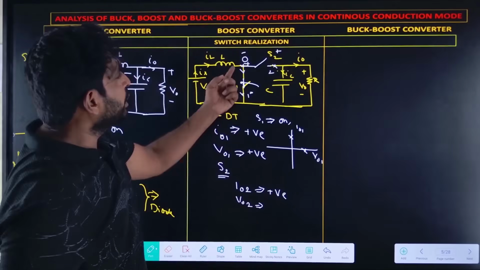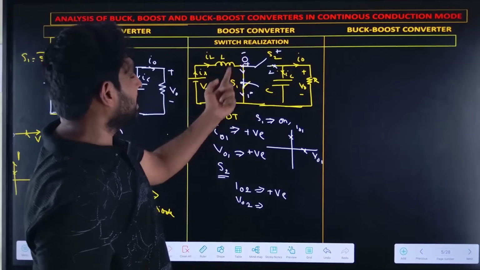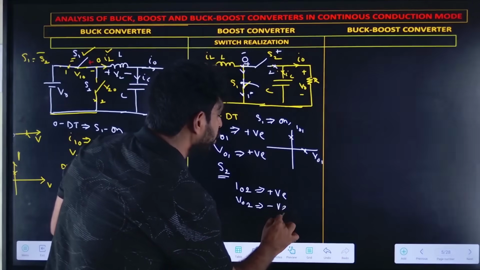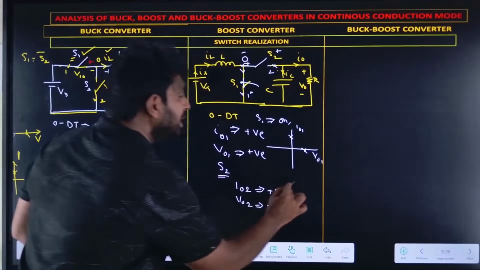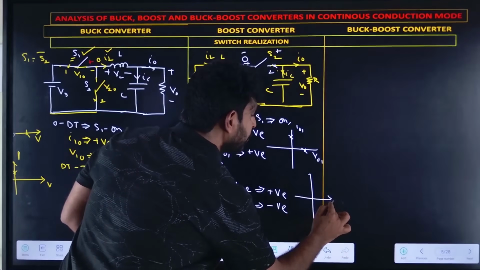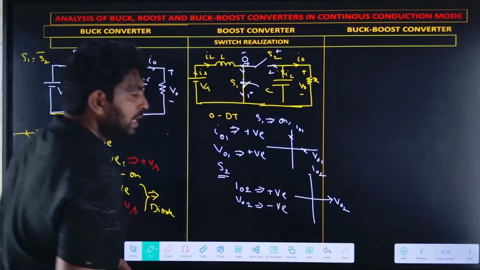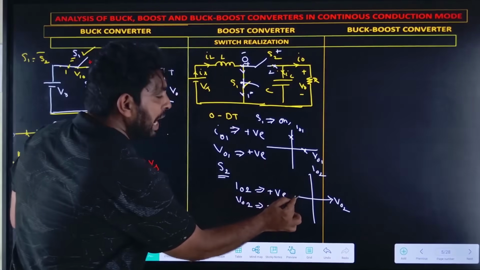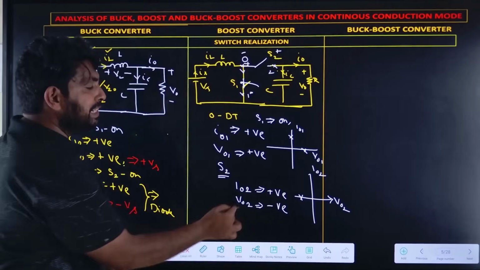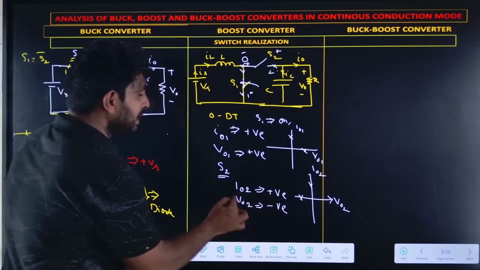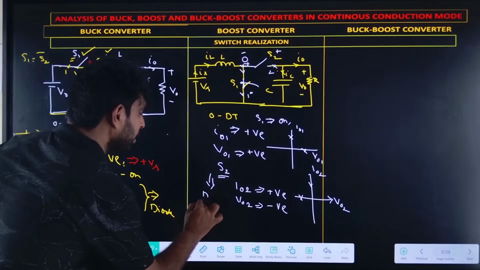Now V02 is negative. From this, if I draw V02 and I02, the V02 is mapped to negative and I02 is positive. So this S2 can be replaced with a diode.